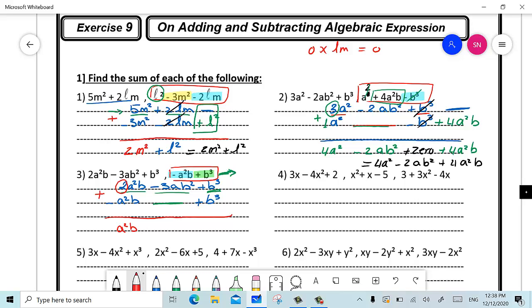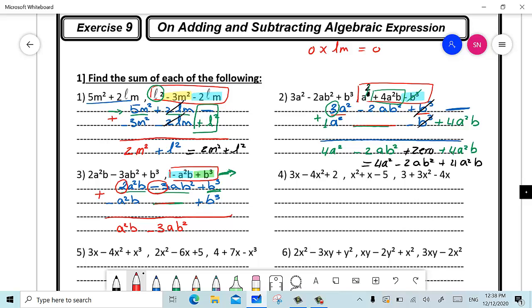And then I have here a coefficient of negative 3, and I've added 0 since I have no term written here. So negative 3 plus 0 is equal to negative 3. So my coefficient is negative 3, and what about the variables? They are just the same, ab squared. Going now for the third term, adding the like terms together, I have b to the power of 3 plus b to the power of 3.